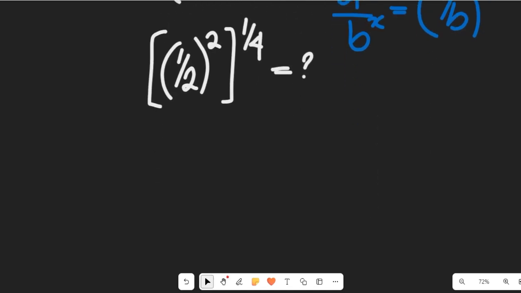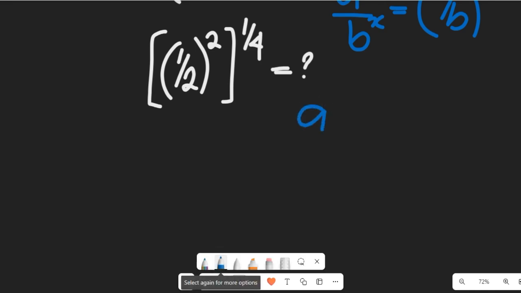Now, consider another law of indices. When you have an expression like a to the power of x, all to the power of y, this can be equal to a to the power of xy, right? So if we have that, we can simply apply that here.